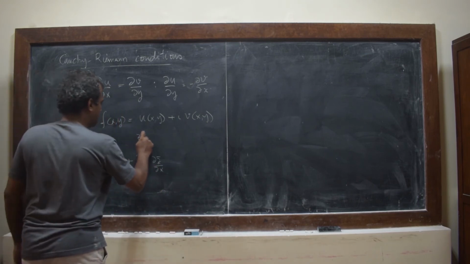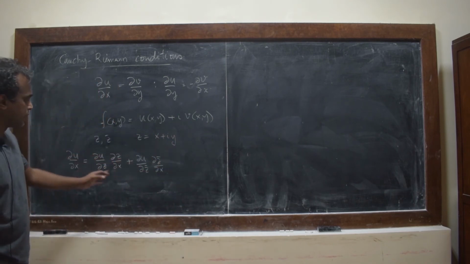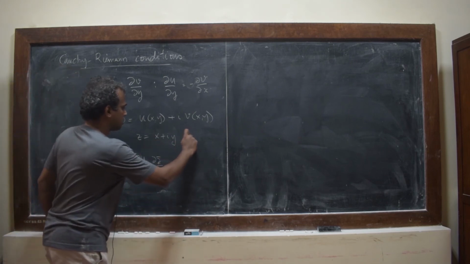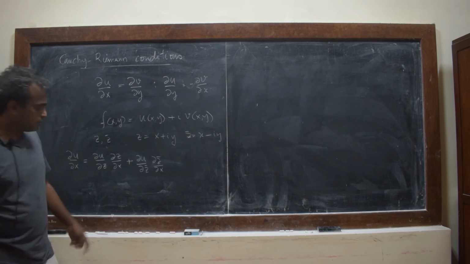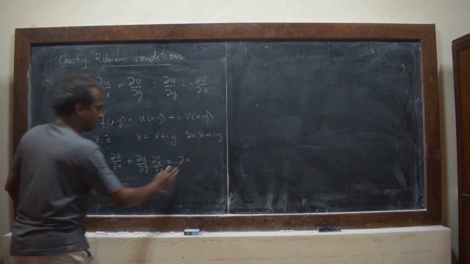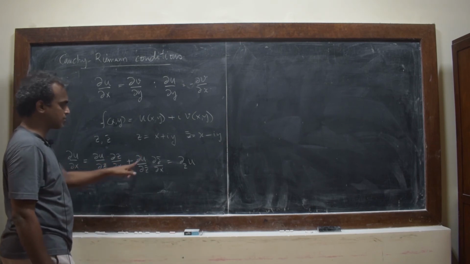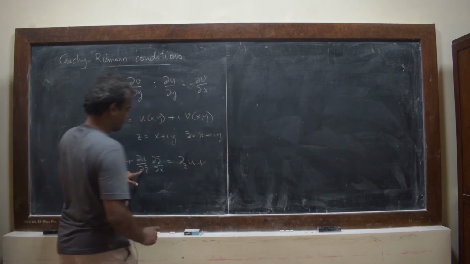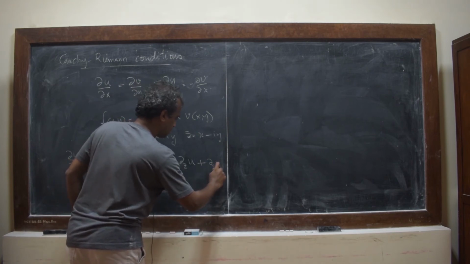Well, since z has been chosen to be x plus I y from the beginning, del z by del x gives us identity, and z bar being x minus I y, del z bar by del x is also identity, giving us del u by del z, which I will write in short as del z u, times 1, plus del u by del z bar into 1, where del u by del z bar will be written in a shorter notation as del z bar u.